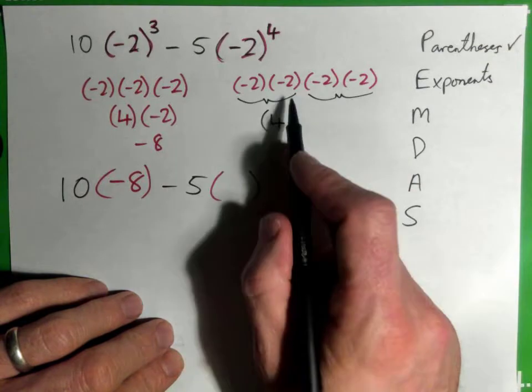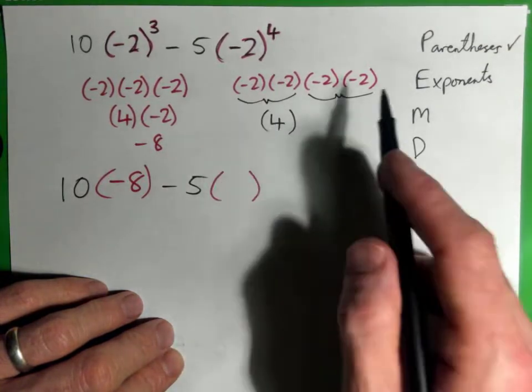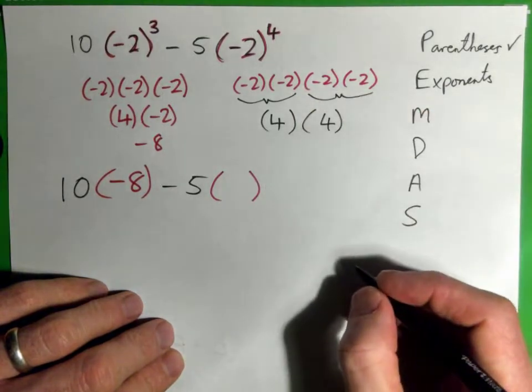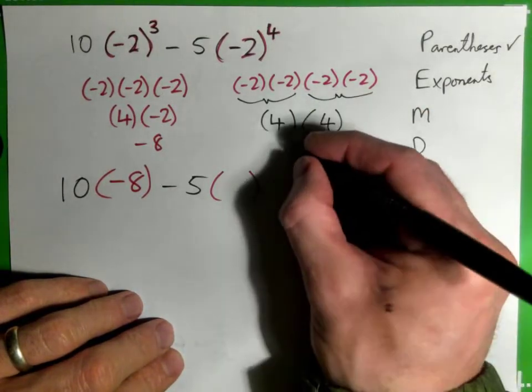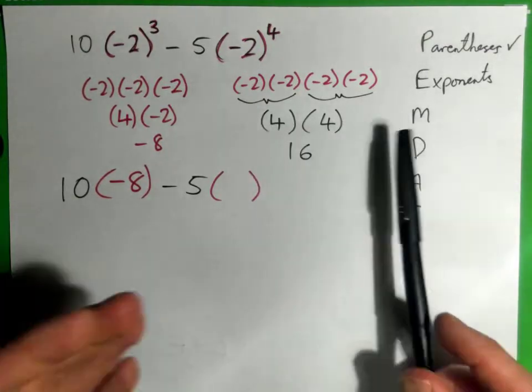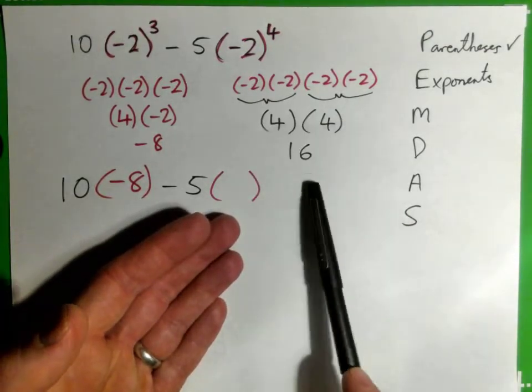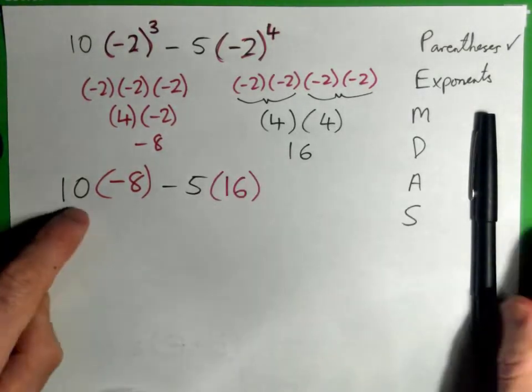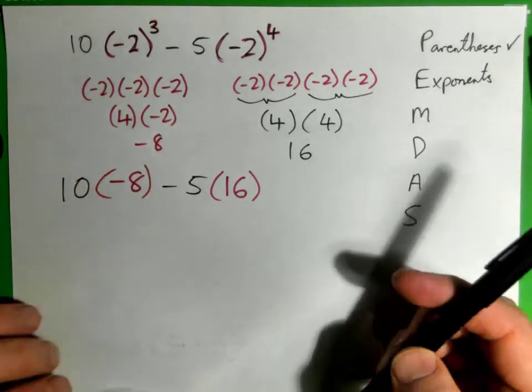So these give a positive 4, and these give a positive 4, don't they? So that's 16. There's lots of ways of doing it, but if you take your time and write it out step by step, you'll find that's actually 16. So this becomes 16. So we have 10 times -8 minus 5 times 16.